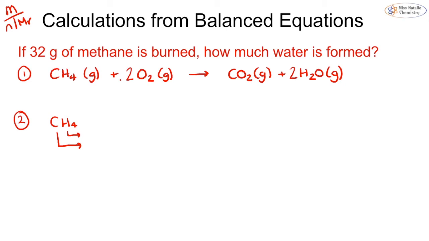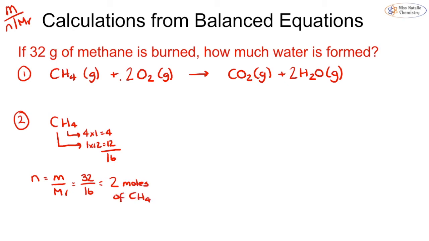But for methane, we've got 4 times 1 is 4, and then 1 times 12 is 12, which gives us 16. So my number of moles is mass over MR, so I have 32 divided by 16, which gives me 2 moles of methane.